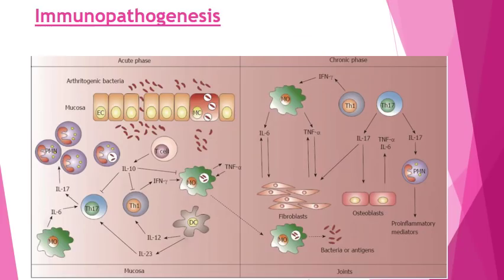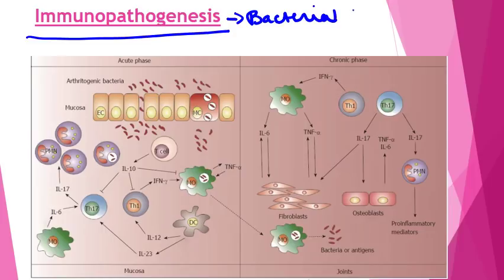All right, so then we don't really need to think too hard about the immunopathogenesis surrounding bacterial arthritis because it really is the same as every other bacterial infection we've ever encountered. It's really just that it's happening in a much smaller space, right? So if you think about your joints, and I am no artist, but let's say this is one bone and here's another bone.